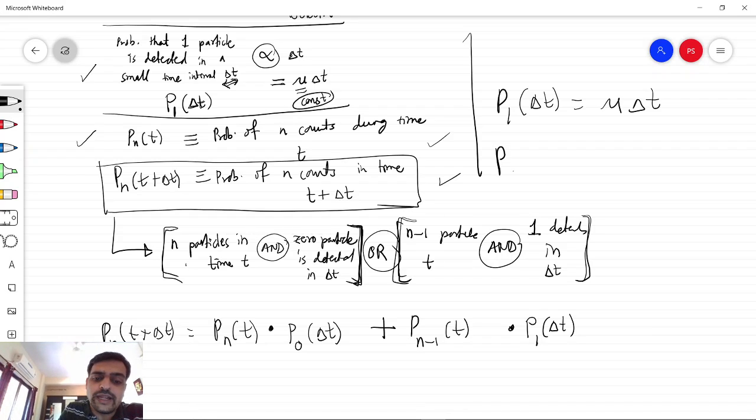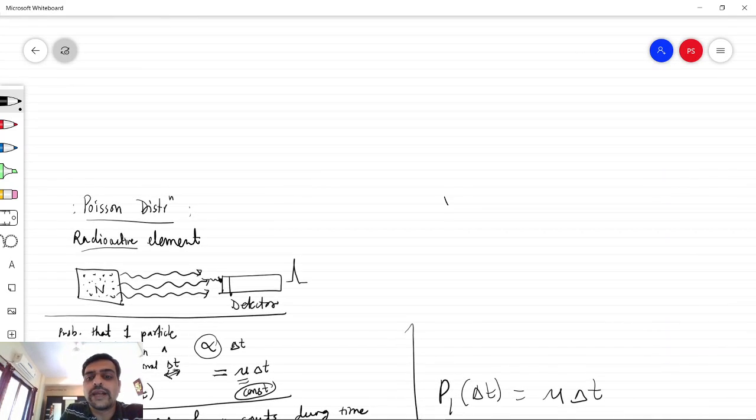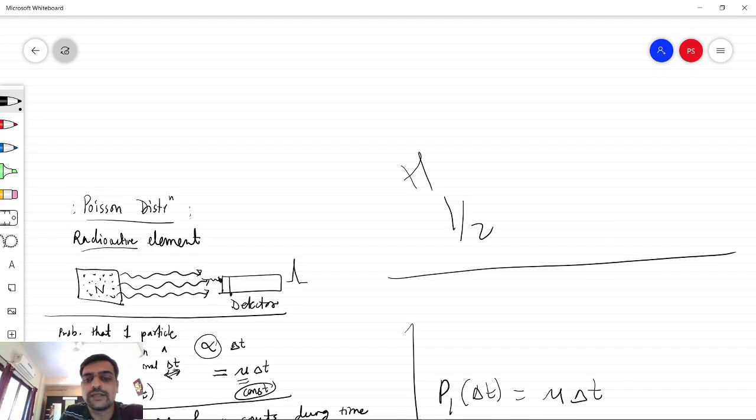Then the probability of getting 0 particles in delta t is just 1 minus the other option, right? So if the probability of getting heads is 1 by 2, just for an analogous example, let us take tossing of a coin. Probability of getting head is 1 by 2. What is the probability of getting tail? It is 1 minus the probability of getting head.